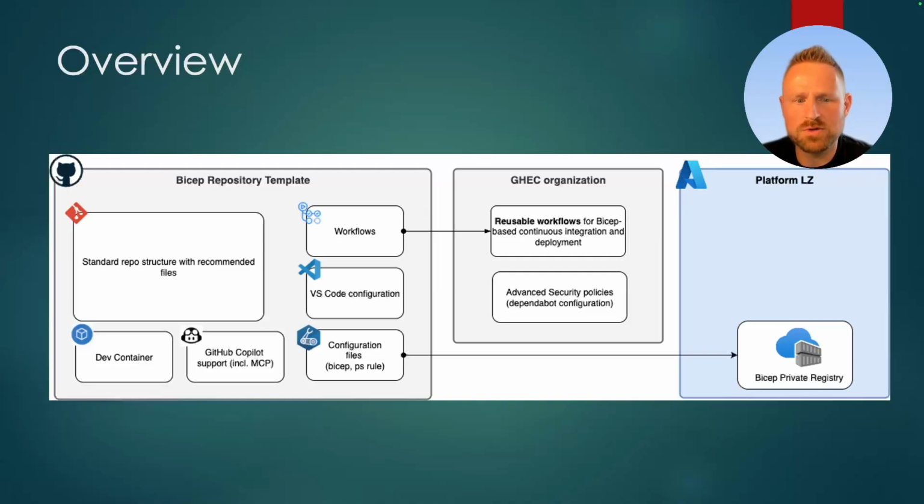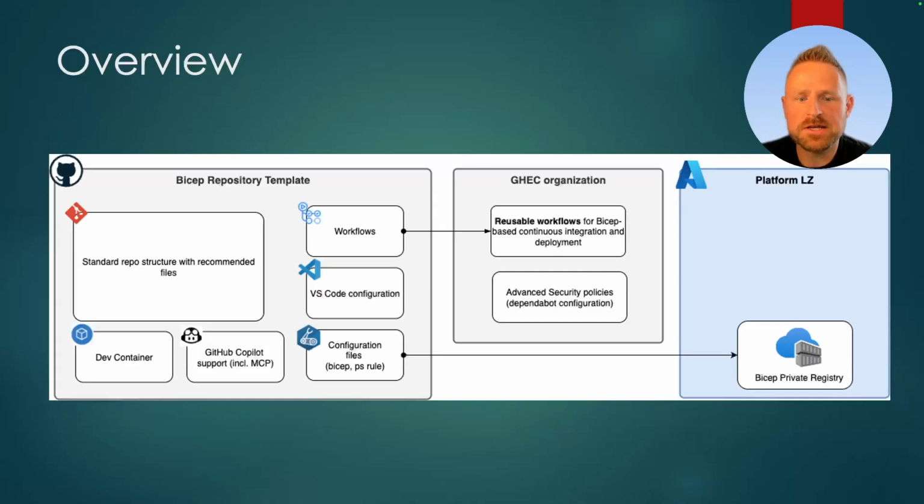Those workflows should ideally come from reusable workflows, which is a very common scenario for GitHub Enterprise Cloud organizations. You have a central repo where you publish and version those workflows and you create caller workflows in the repository template.